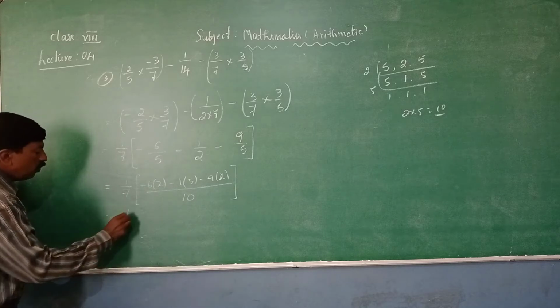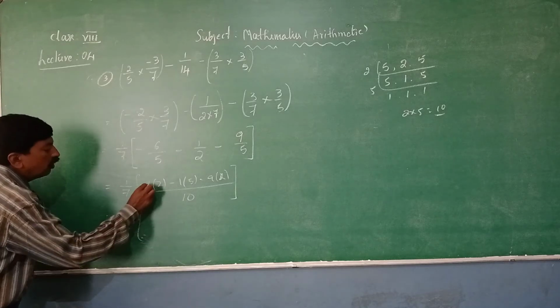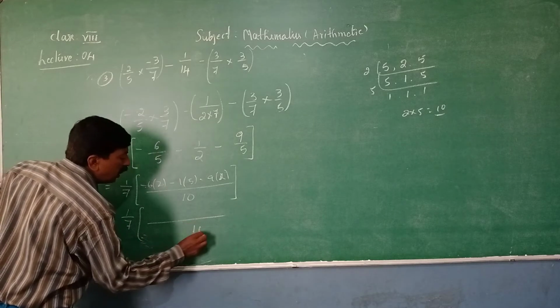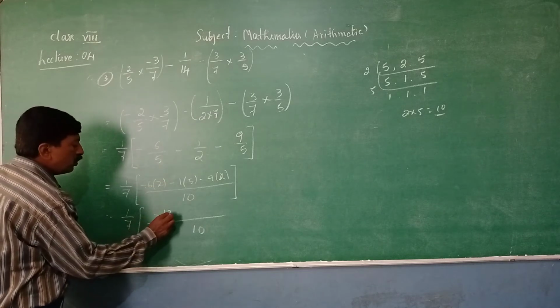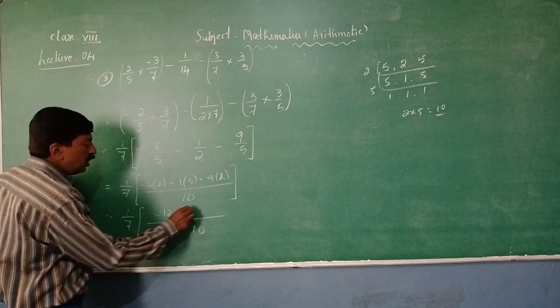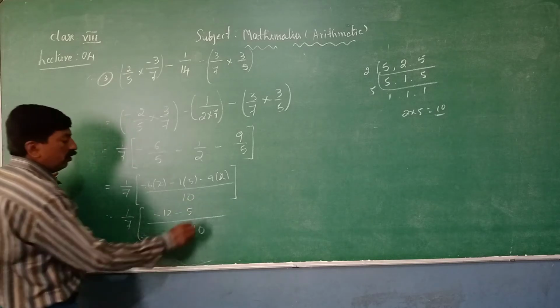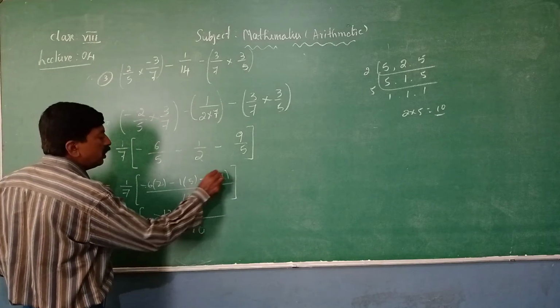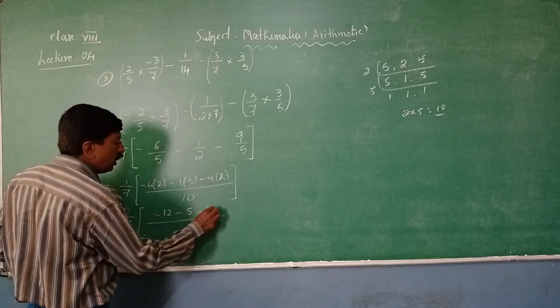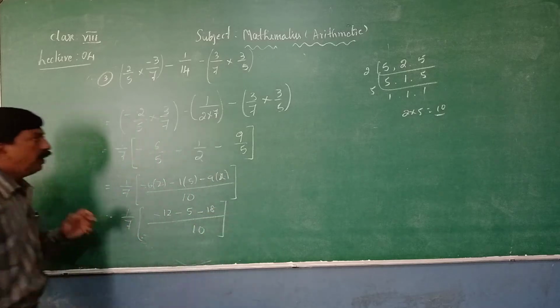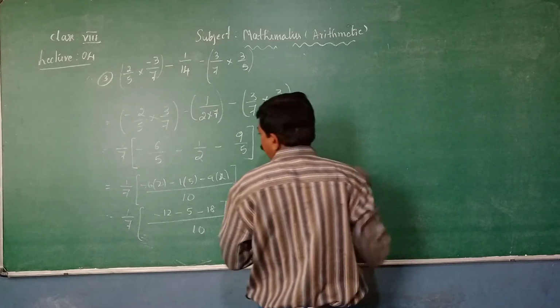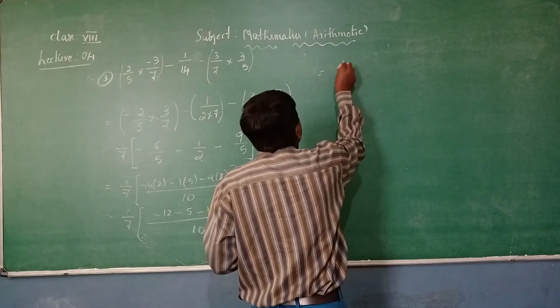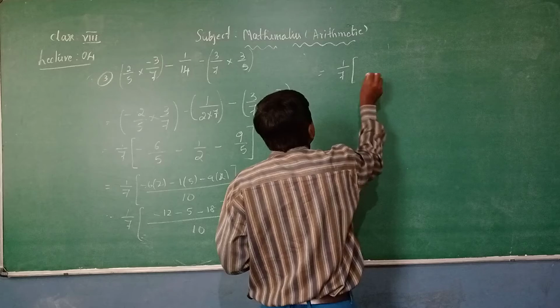Now 1 by 7 into the denominator 10 again as it is. Now minus 6 2s are 12. Minus 5 1s are 5. Minus, because minus into plus is minus, 9 2s are 18, divided by 10. Further, 1 by 7, that is the common factor, we write as it is.